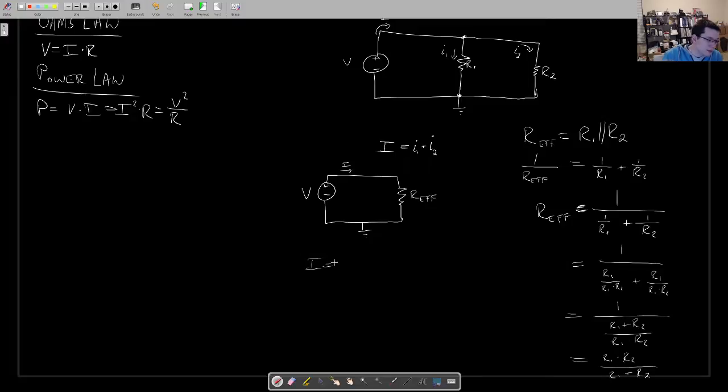I equals V divided by R, so we have V divided by R1 times R2 over R1 plus R2, which equals V times R1 plus R2 divided by R1 times R2.